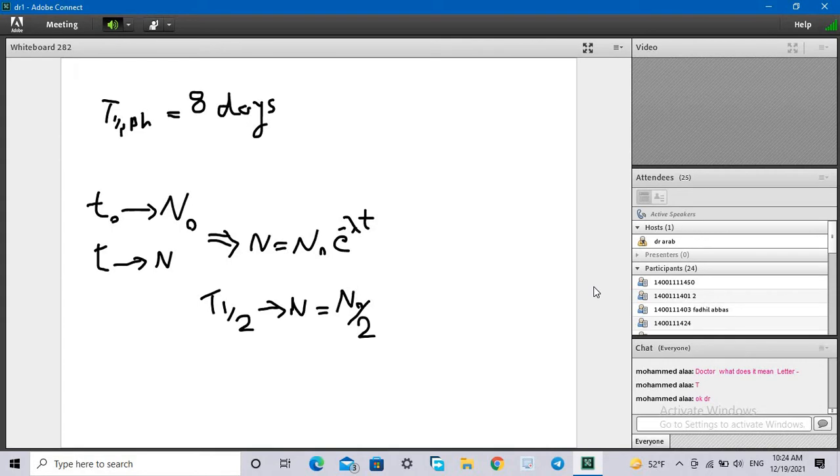Half-life is the time that the number of nuclei with radioactivity equals half of the nuclei with radioactivity at the start of decay, or half of N0.